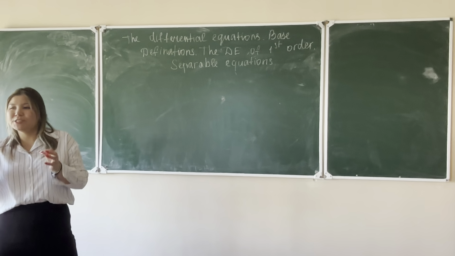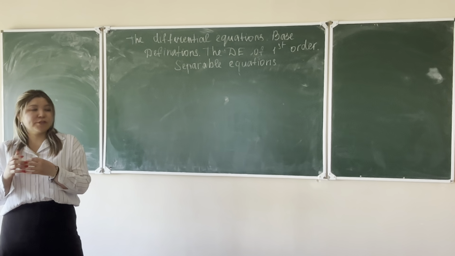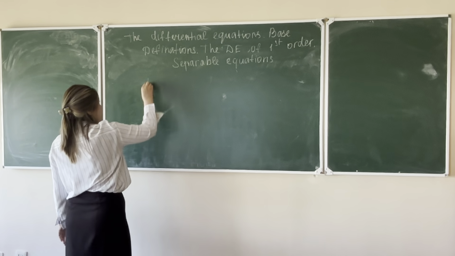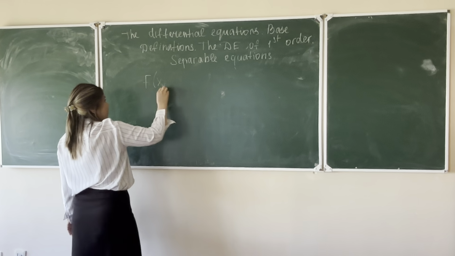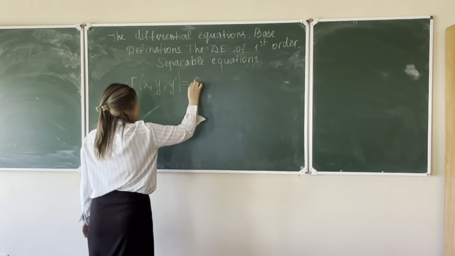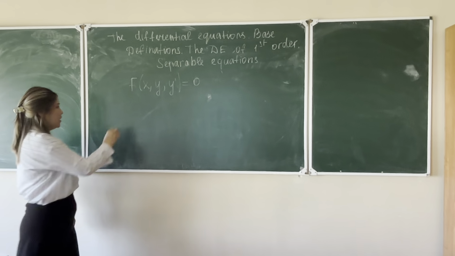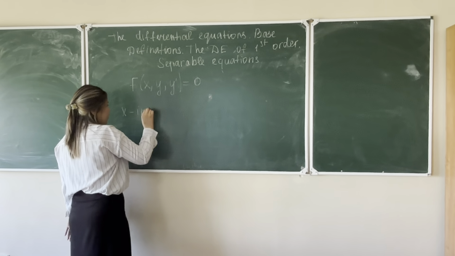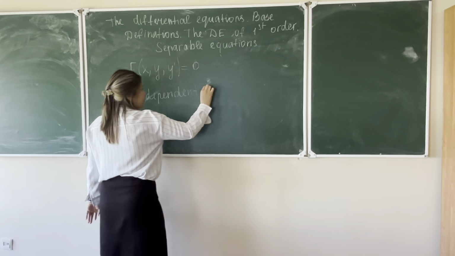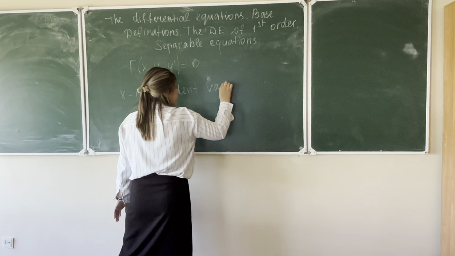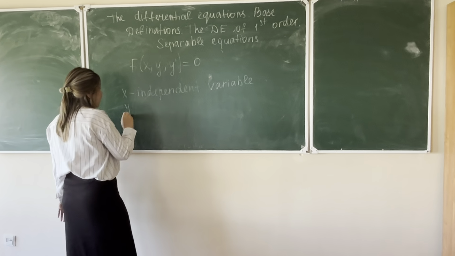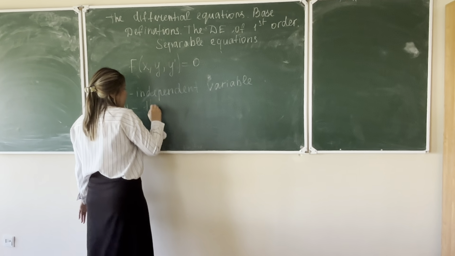Okay, let's start. Which types of differential equations are called first order differential equations? Equations in this form. In general, here x is the independent variable and y is the unknown function.